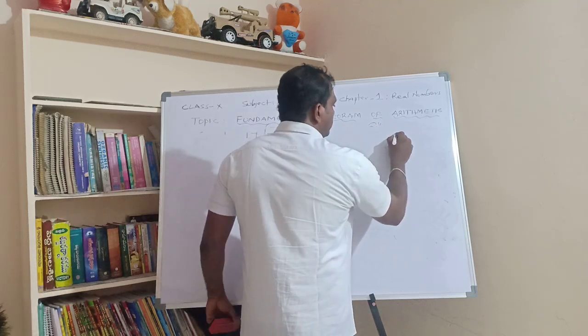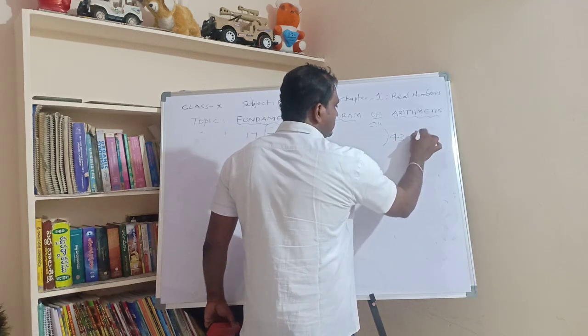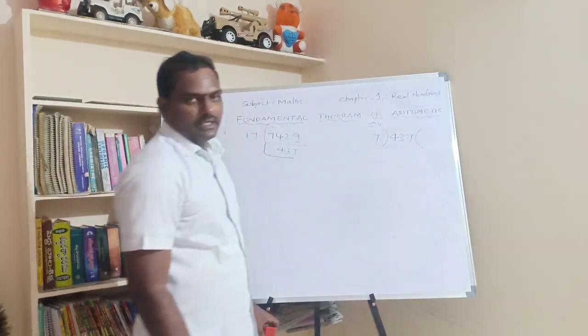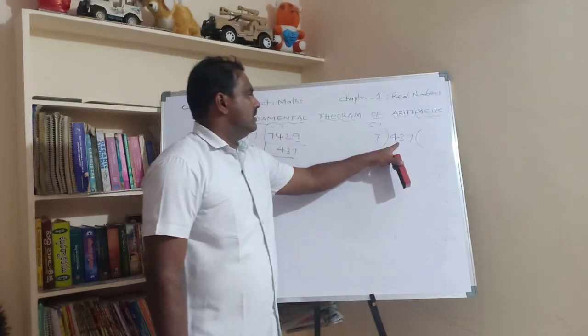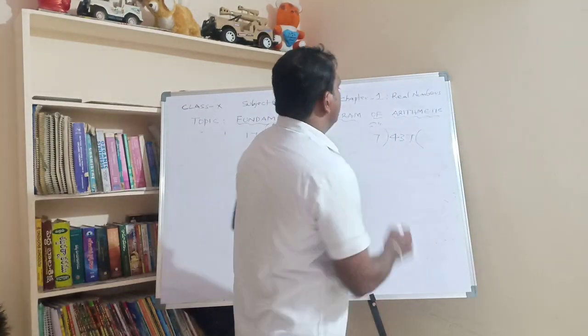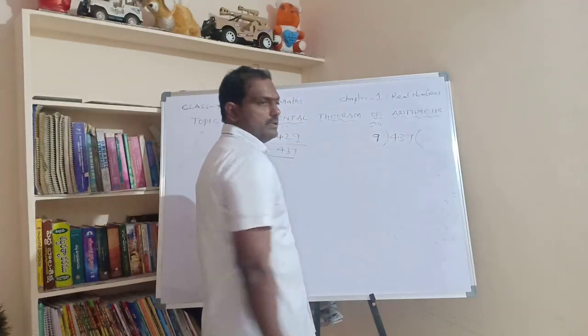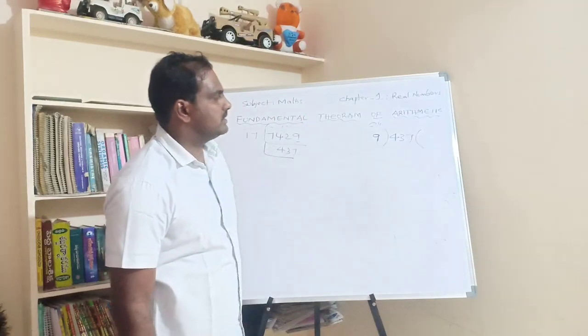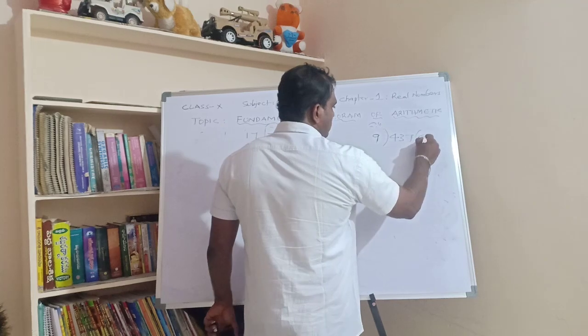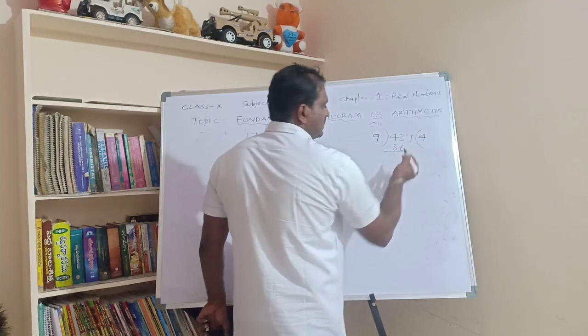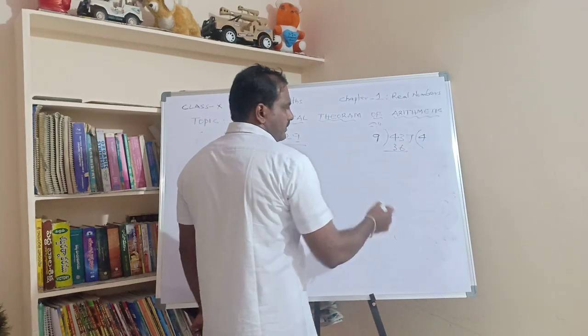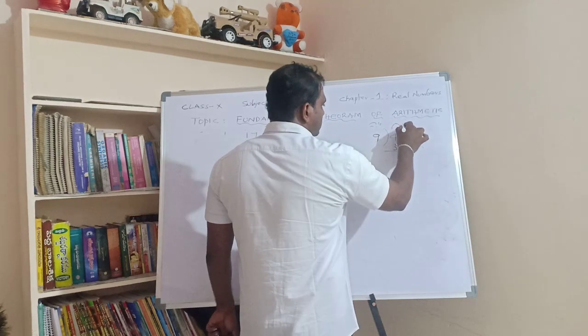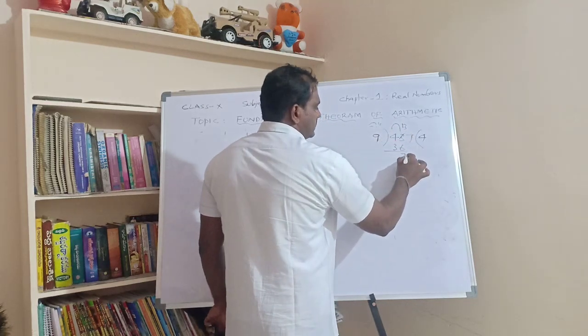437 divided with 7. 7 6s are 42. 70 not possible. Next check with 9. 9 4s are 36. How much? 9 5s are 45, not possible. So 13. 13 minus 6, 77.